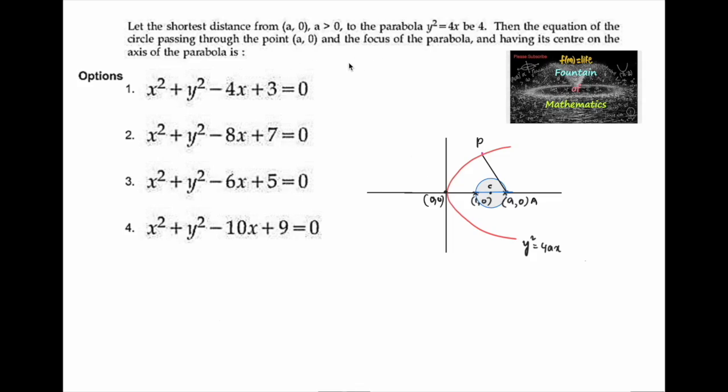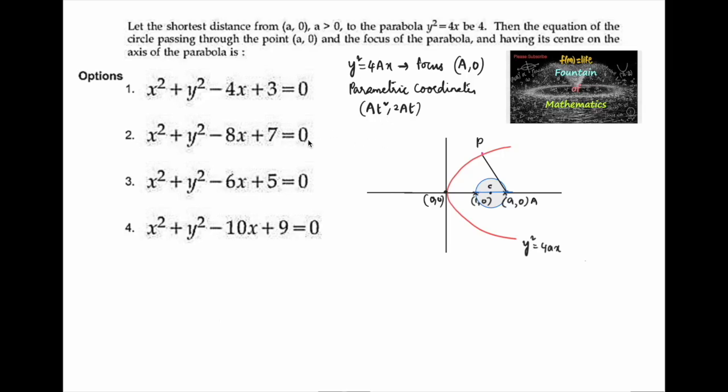So we know that in parabola y square is equal to 4ax, we can say that the focus is a comma 0 and parametric coordinates we can write at square comma 2at.